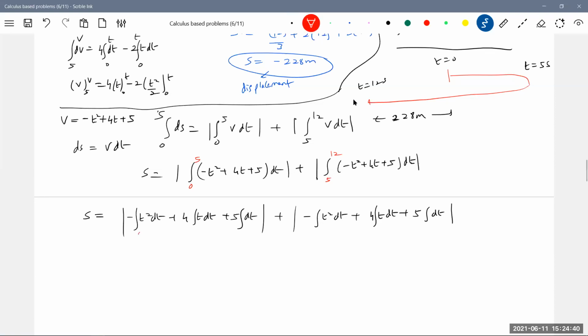The limits 0 to 5, 0 to 5, 0 to 5, 5 to 12. Please just calculate now.